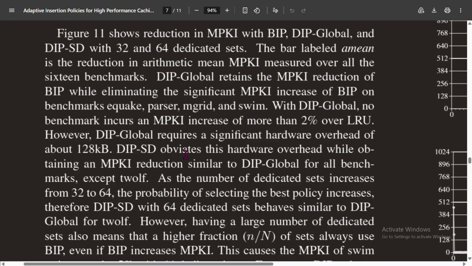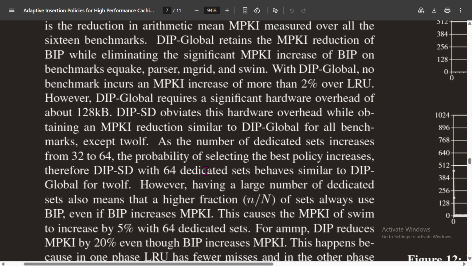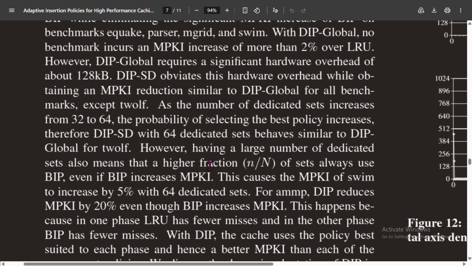DIP SD obviates this hardware overhead while obtaining an MPKI reduction similar to DIP Global for all benchmarks except twolf. As the number of dedicated sets increases from 32 to 64, the probability of selecting the best policy increases. Therefore, DIP SD with 64 dedicated sets behaves similar to DIP Global on twolf.